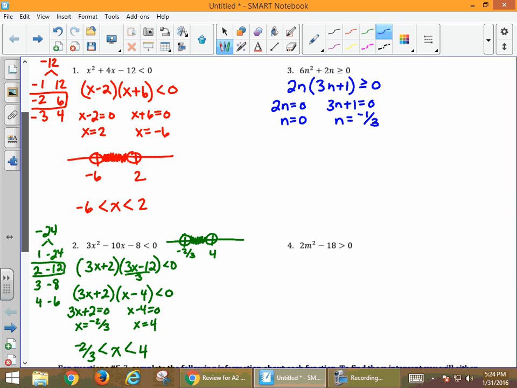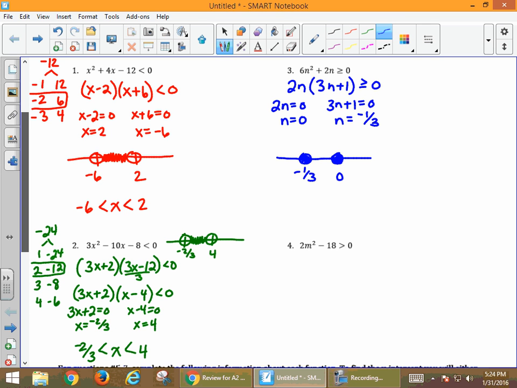So my number line, negative 1/3, 0. These dots get colored in this time. These dots are colored in because of the equal sign. Now I need to pick a point to test, and I can't choose 0 because 0 is one of the points already on the graph. So I'm going to pick a point greater than 0.